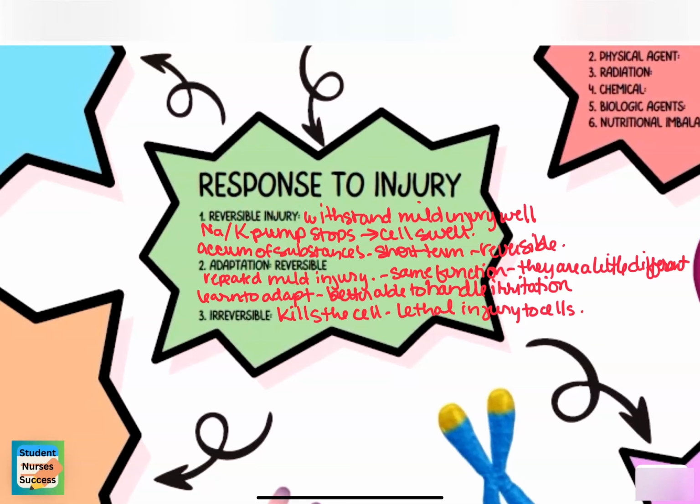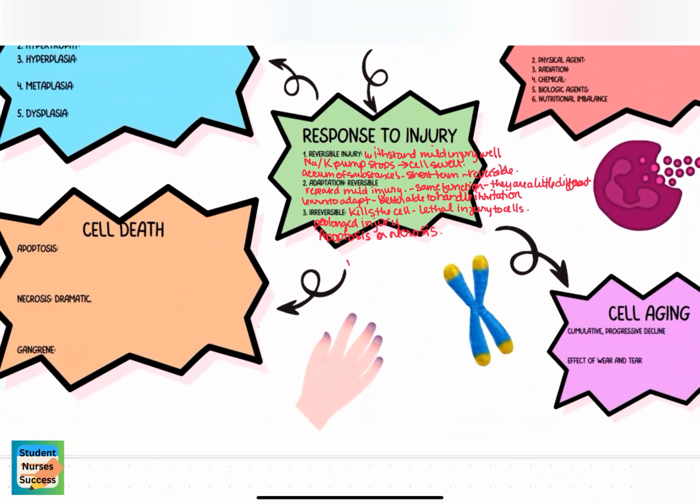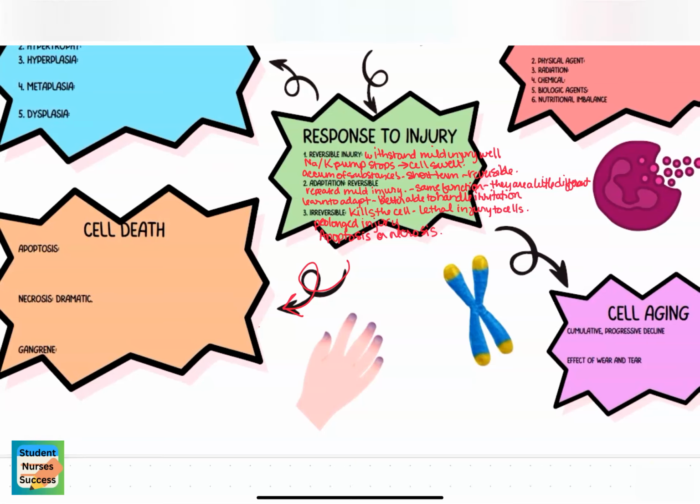This cell death from this prolonged injury leads to what we call necrosis or apoptosis. And those are the two types of cell death. And if you can look over here, we're actually going to talk about those in just a moment.